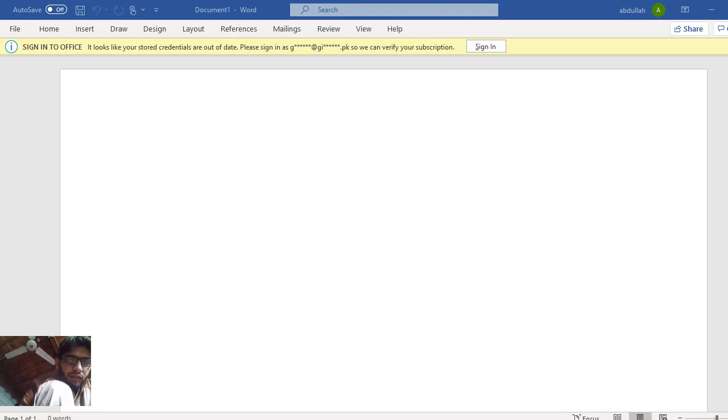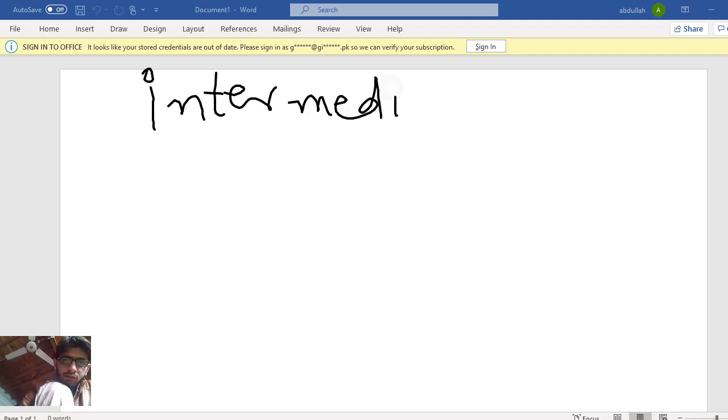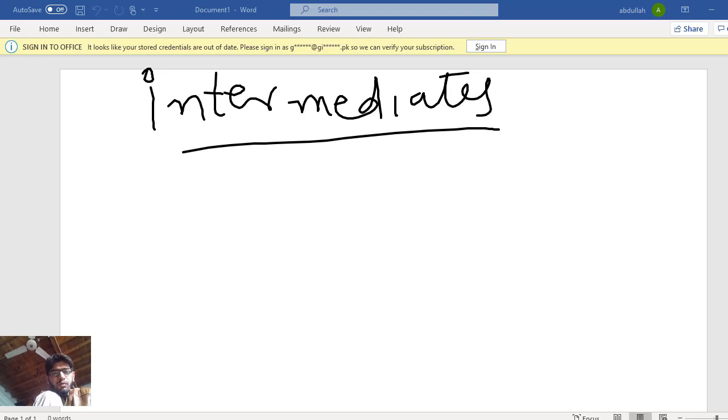Now what is an intermediate? These are molecules or radicals or products which are produced in one reaction.